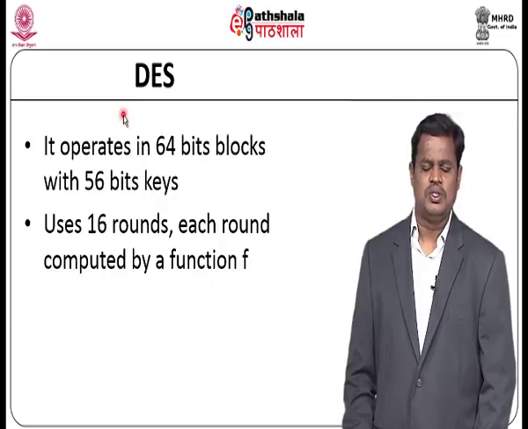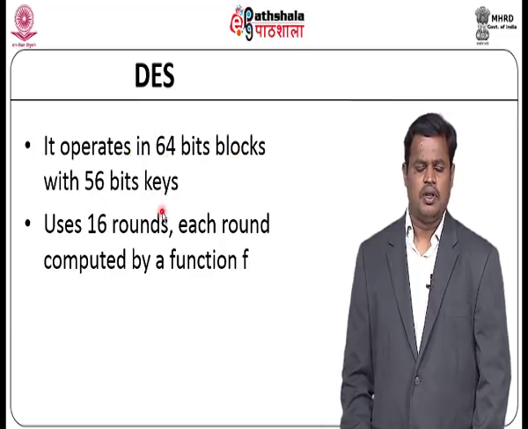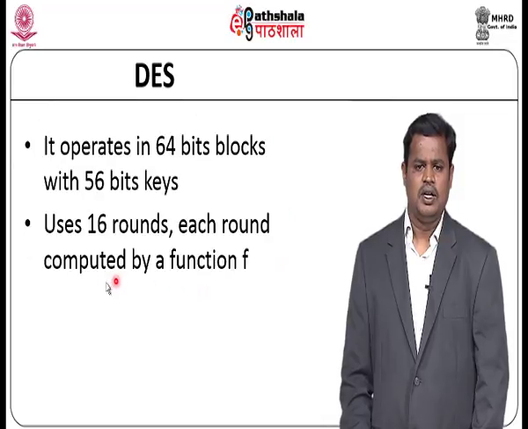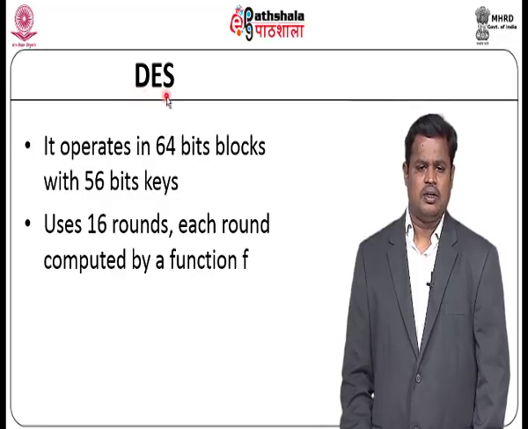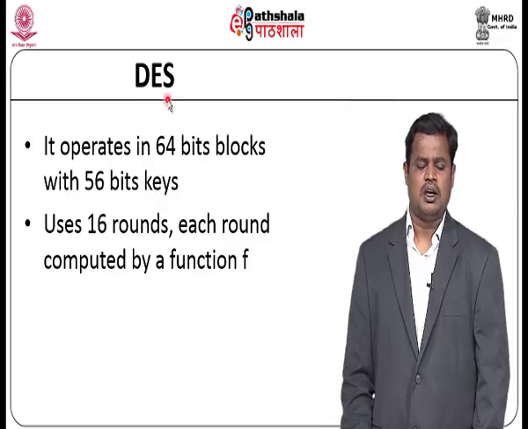This is our overall idea of the DES algorithm. Now, we need to understand the simplified version, so that we can easily understand the working principle of the Data Encryption Standard algorithm.